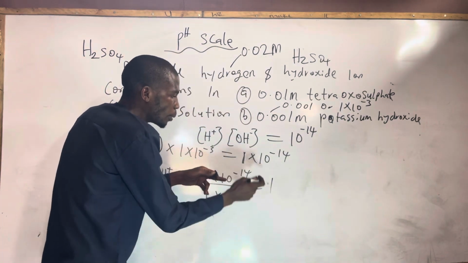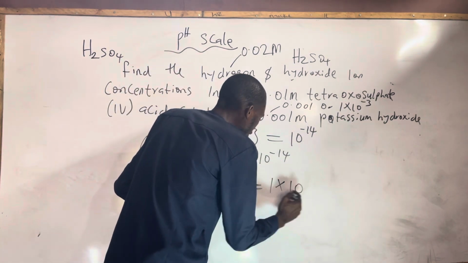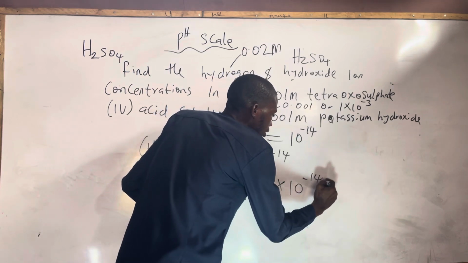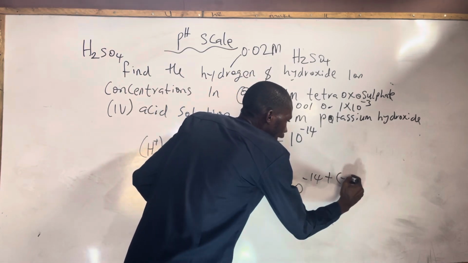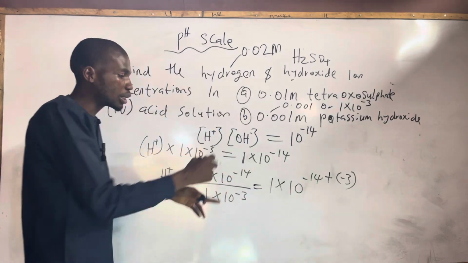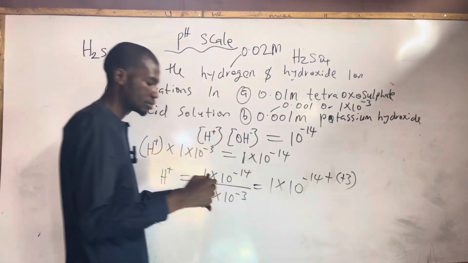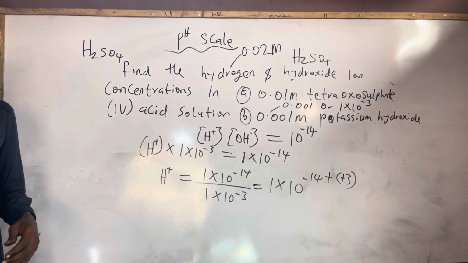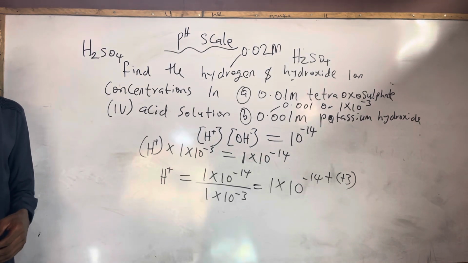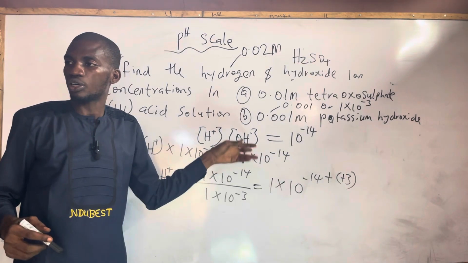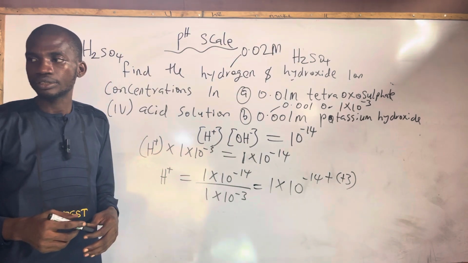So carry this one up. It becomes times 10 raised to power minus 14 plus 3, because if you carry this one up, the sign will change. If it is plus here, it changes to minus. Do you understand?